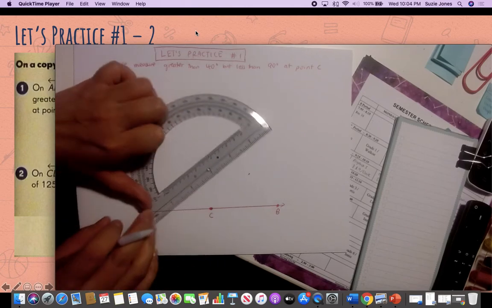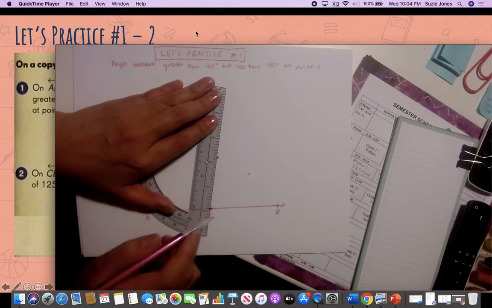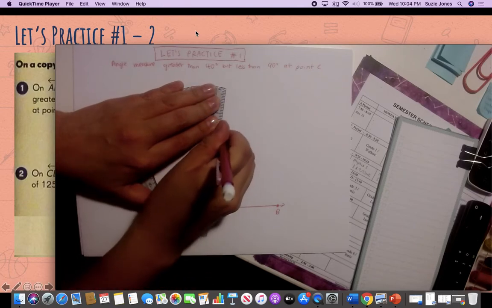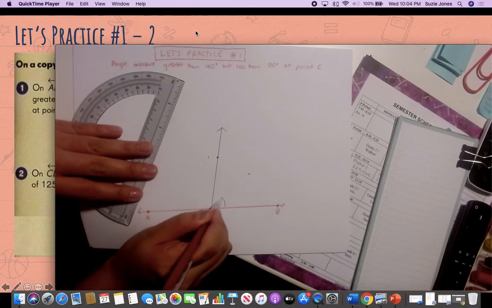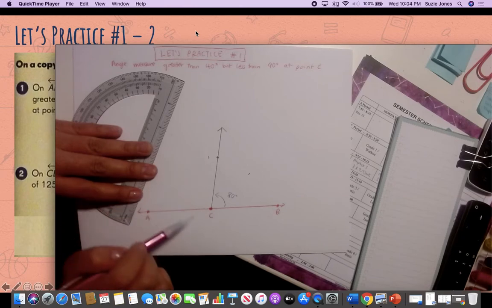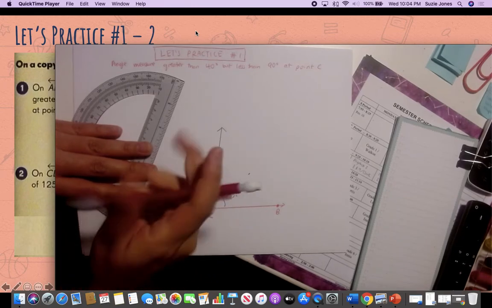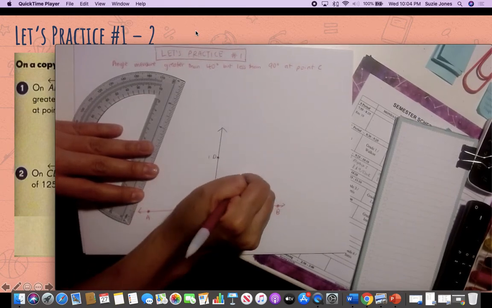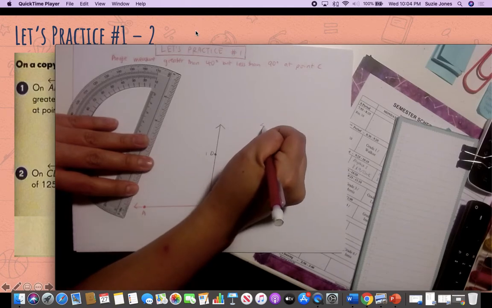And I'm going to draw a ray from C through that point, like so. And I'm going to label that point after I draw an angle saying that it's 80 degrees. I guess I'll just call it point D. And I'm going to erase these little marks I made to write notes so I can be neat.